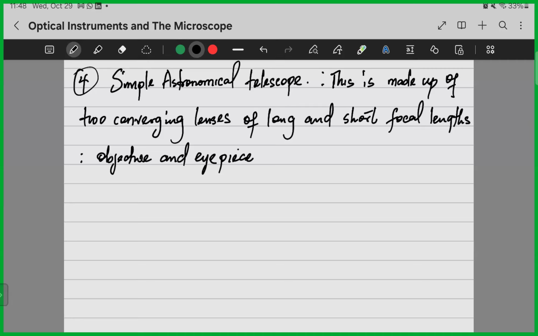You see, many times you've been hearing in this class that the telescope is used for heavenly bodies.